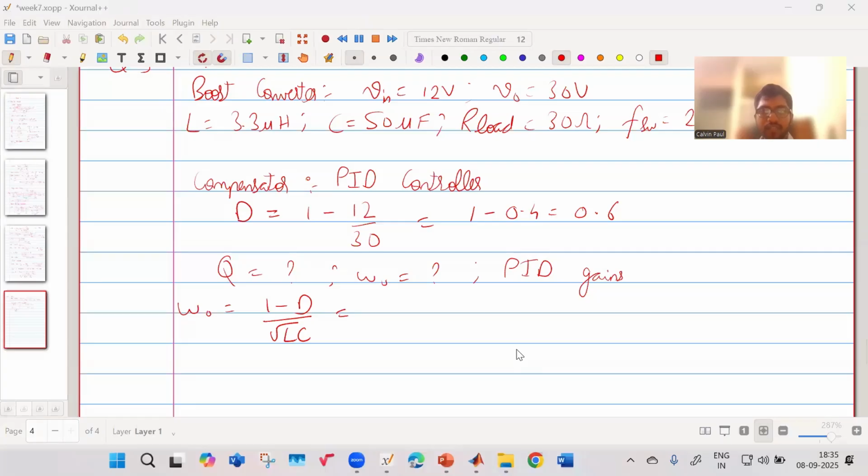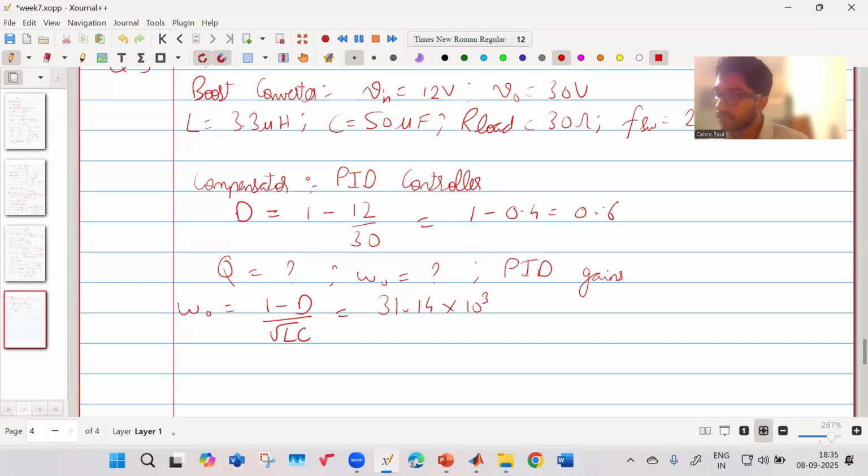You guys don't have a calculator. It is 31.14 into 10 raised to 3.